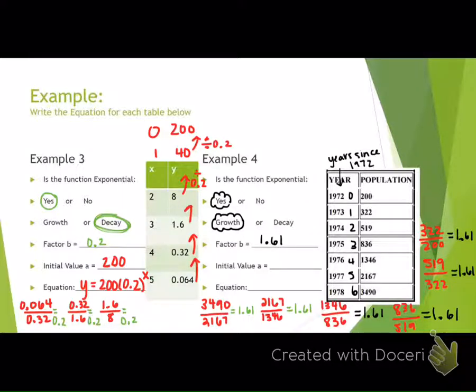Do you see how you can just start it at 1972 and say years since? We've done that before. So Grace, what is your starting value, your initial value? Good. Which means that my equation is what then? Riley, go ahead. Y equals 200 multiplied by 1.61 to the exponent of x.